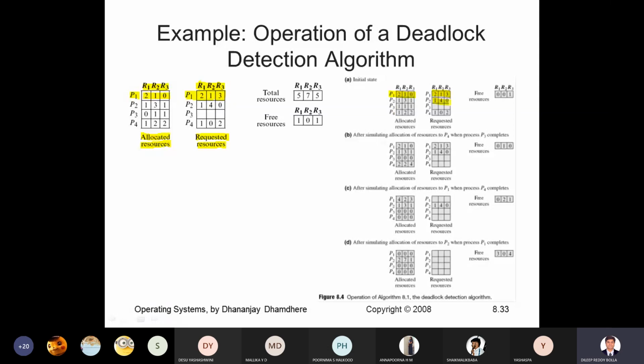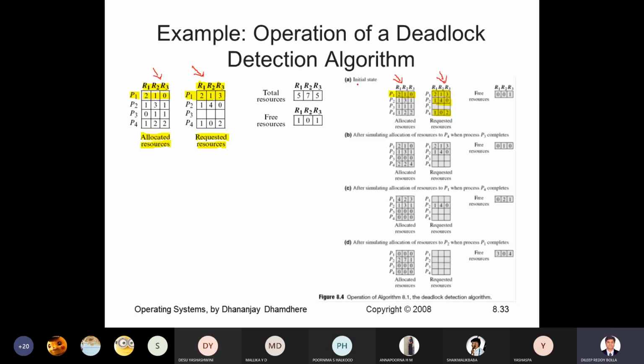This is blank here, and this is 102. The table we have for allocated and requested, we have copied exactly in these locations.